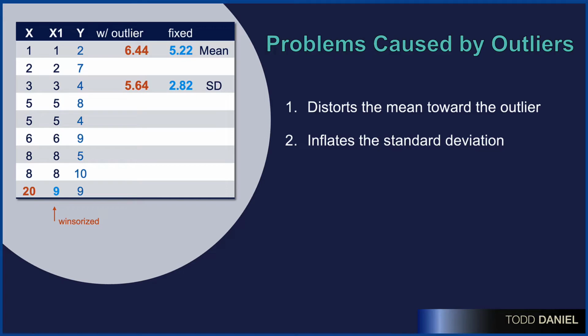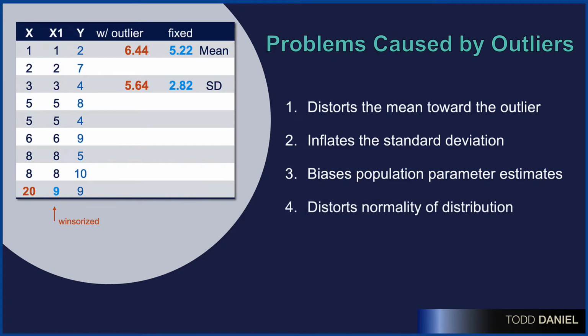When we use a sample statistic to estimate a population parameter and our data set has outliers, then the outlier will bias our population parameter estimates. What we learn from the sample does not apply to the true population. The outlier will distort the normality of the distribution, dragging the distribution out in the direction of the outlier.